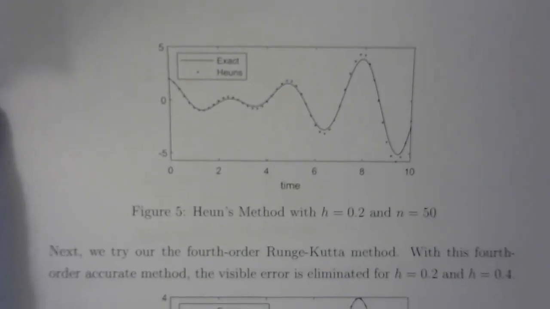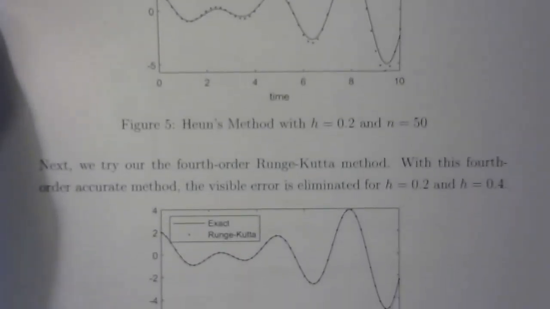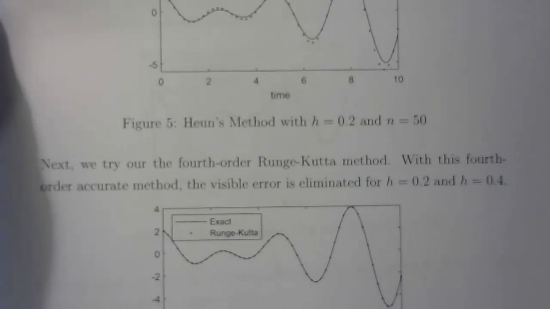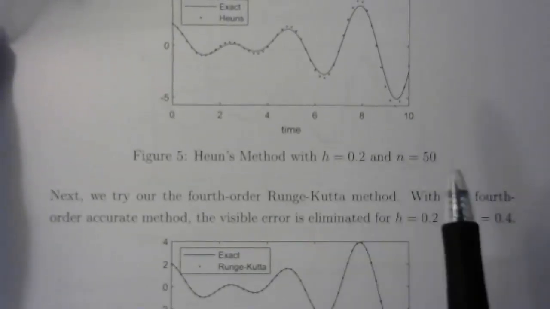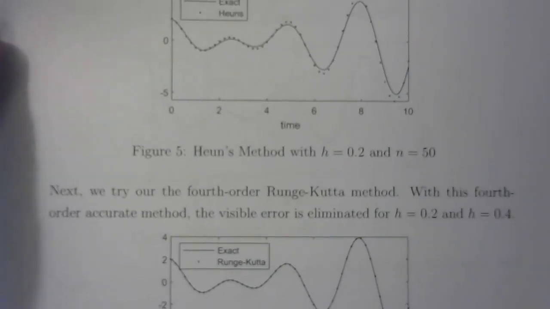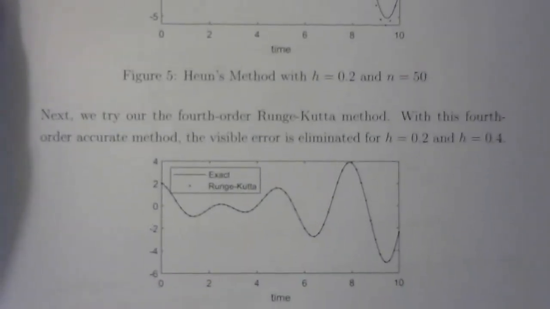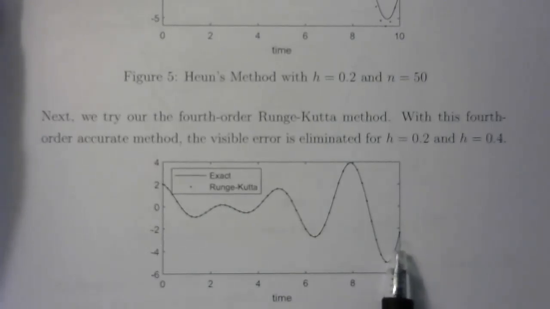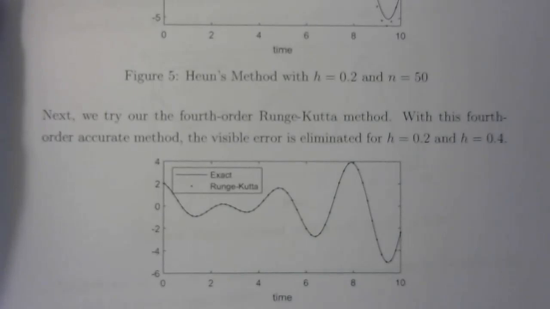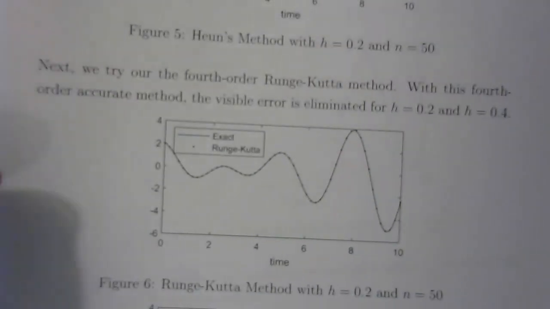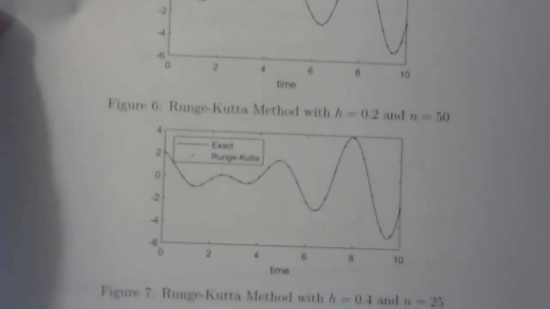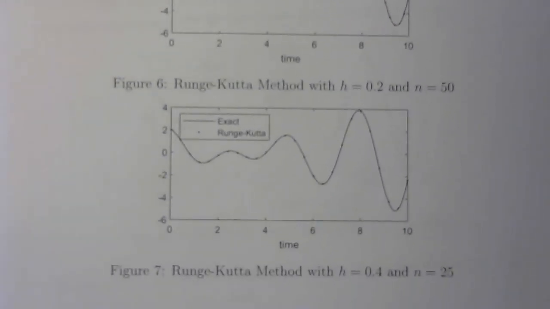What's impressive is if I compare this to the Runge-Kutta method. With a fourth order Runge-Kutta, using these same parameters, so 50 steps, a step size of 0.2, I look at the Runge-Kutta and I am right on. Not visible at all, any error in the system. And if I decrease the number of steps and increase the step size by 2, Runge-Kutta still holds.